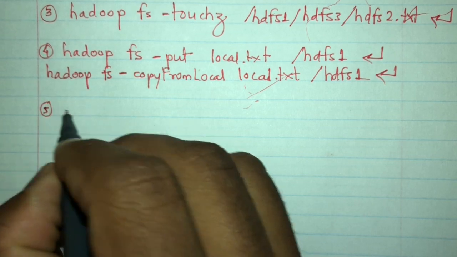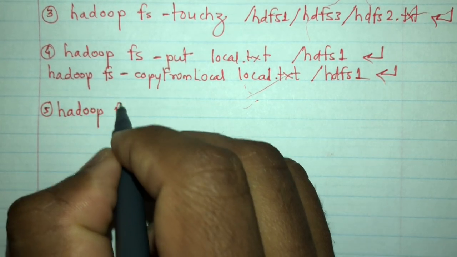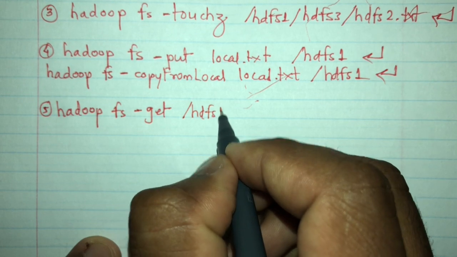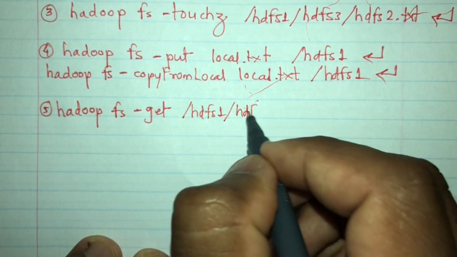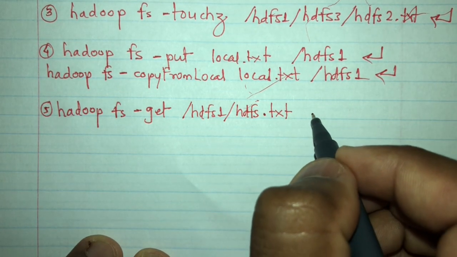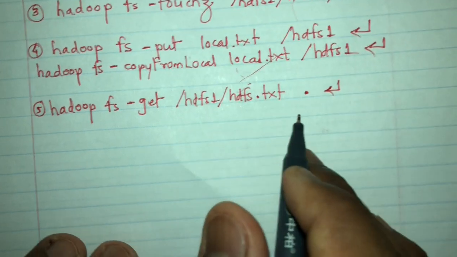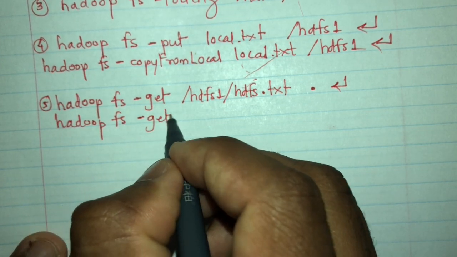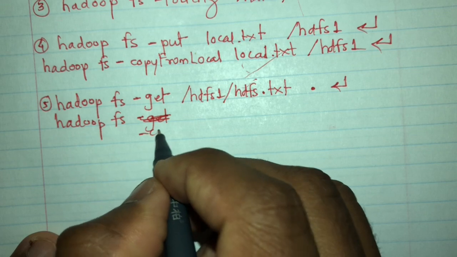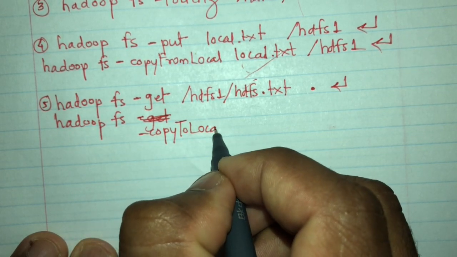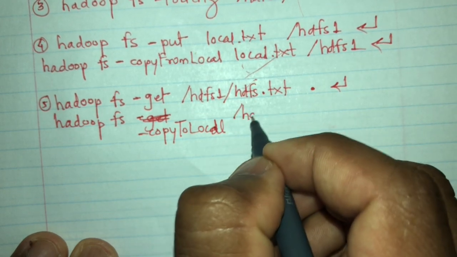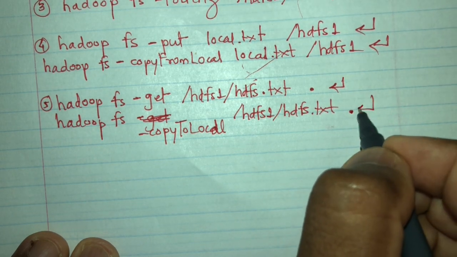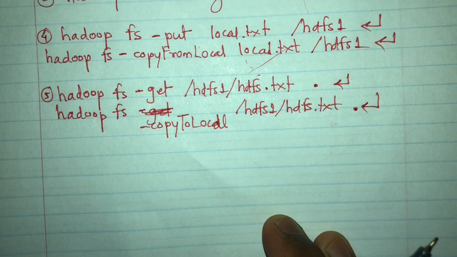So it will look like this: hadoop fs -get, and here you must pass the HDFS path first and then the local path. hdfs.txt, and in local I'll just pass dot, which represents the current working directory. hadoop fs -get, oh not get, it should be copyToLocal. Oops, /hdfs1/hdfs.txt space dot, enter. Dot represents the current working directory.